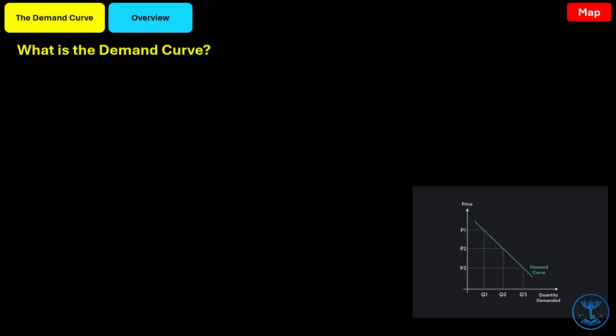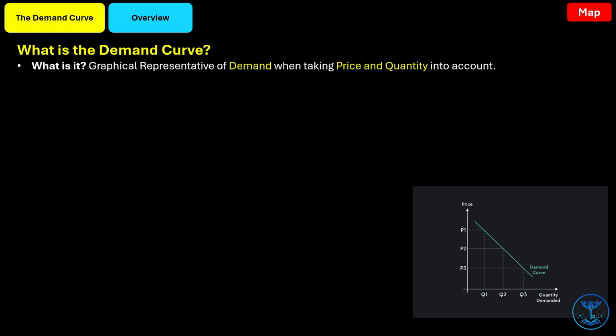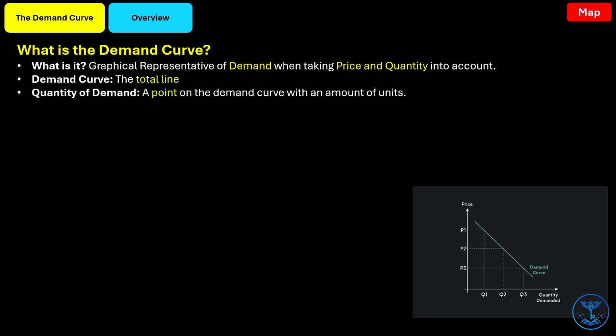All right, so what is the demand curve? It's a graphical representation of demand when taking price and quantity into account. The demand curve is the total line. And then the quantity of demand is a point on the demand curve with an amount of units. So make sure you guys know the difference between the demand curve and quantity of demand.